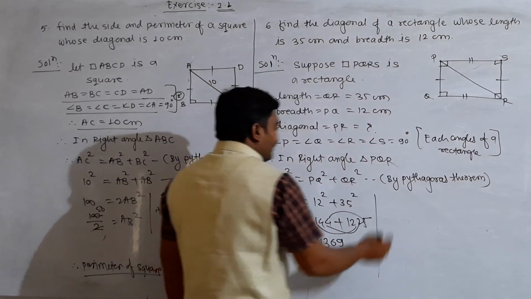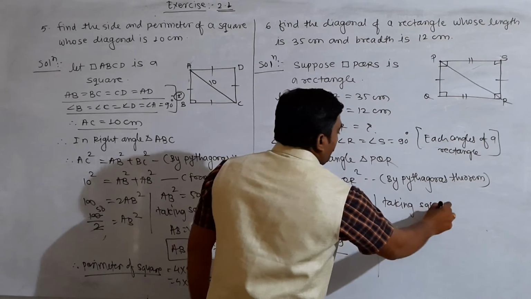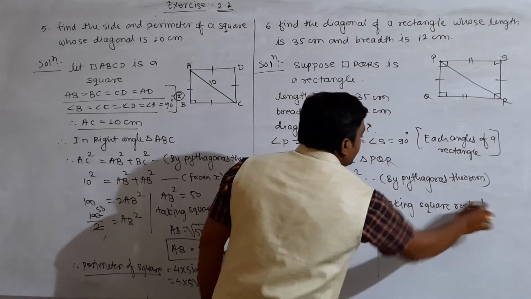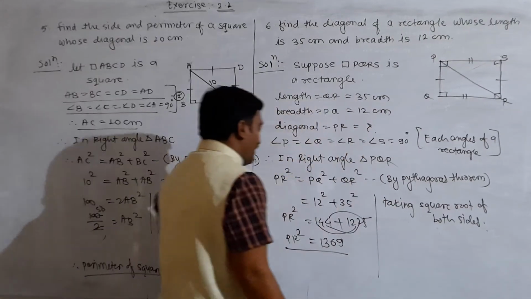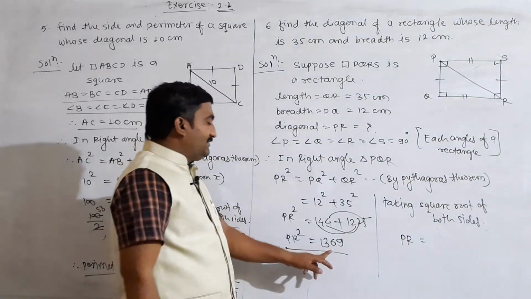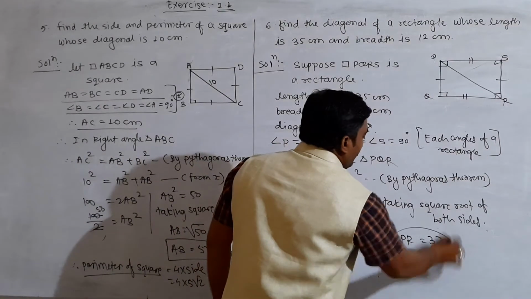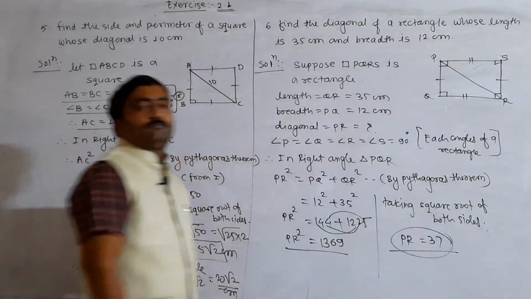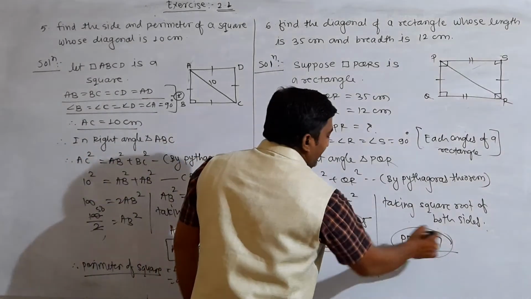Then taking square root of both sides, PR is equal to square root of 1369, which is 37. Therefore, PR is equal to 37.